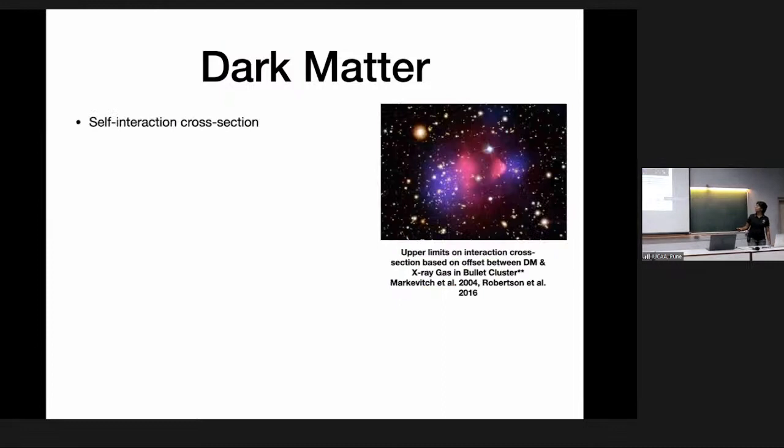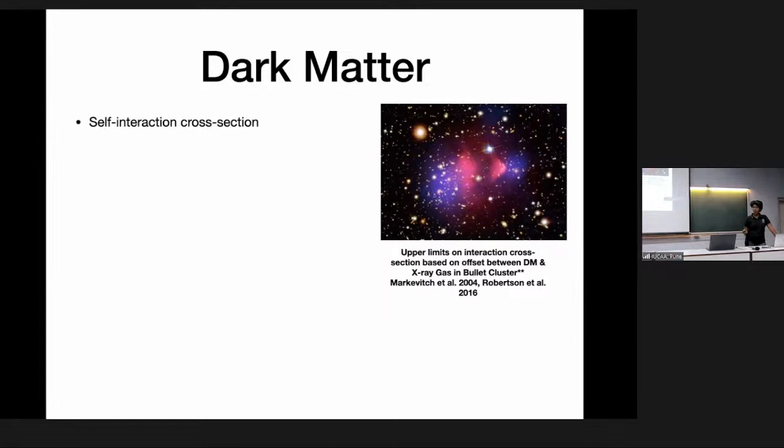So the next is studying the nature of the dark matter itself, to understand what is the nature of the dark matter. So you may have heard that in this lambda CDM model, we assume that the dark matter is collisionless, but there are many other models which are also proposed, like warm dark matter, then there is self-interacting dark matter, and so on, to explain some observations, right?